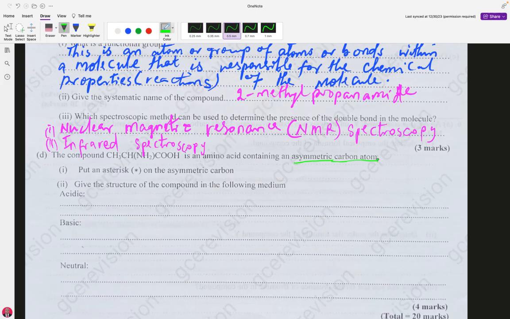If carbon has four different atoms, not like in the case of methane, which has carbon, hydrogen, hydrogen, hydrogen, hydrogen.